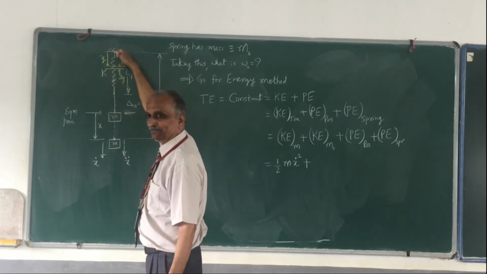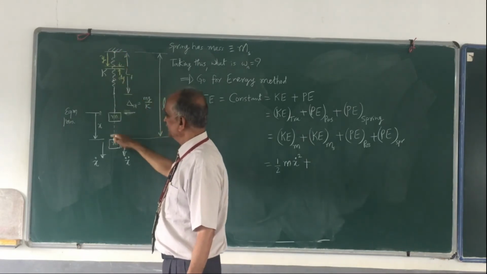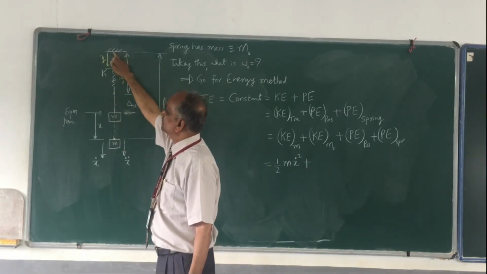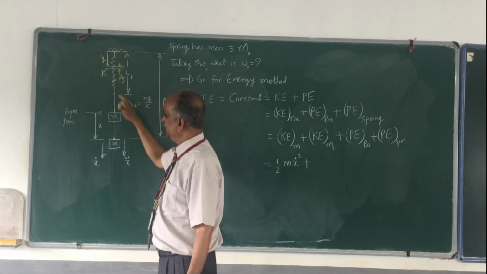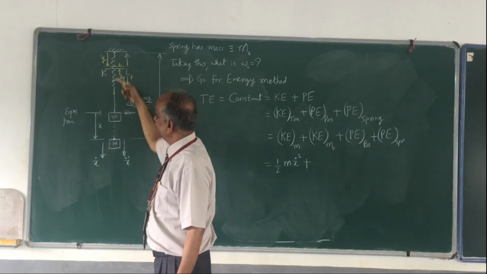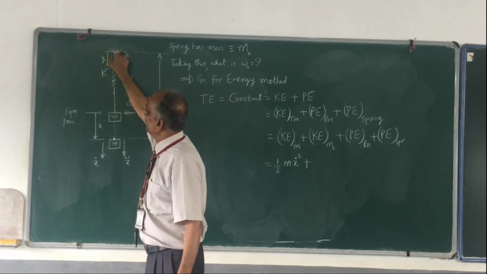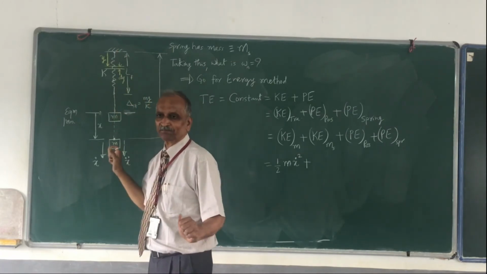The smallest distance is 0, that means here. And what is the largest distance? y is equal to L, here. If y is equal to 0, it is here. If y is equal to L, I am here. That means y is changing between 0 and L, so that I cover the entire spring.